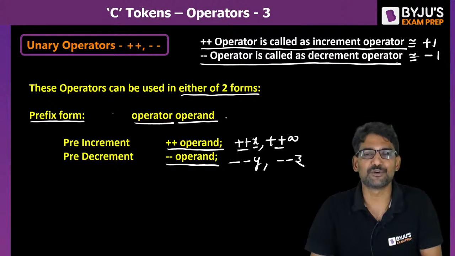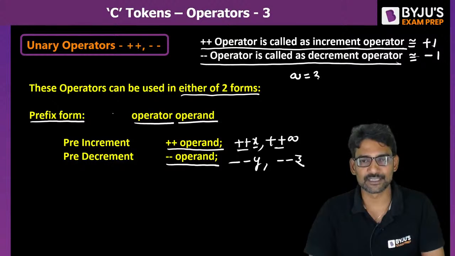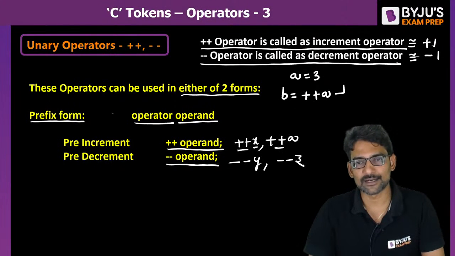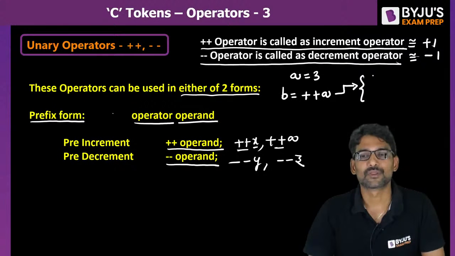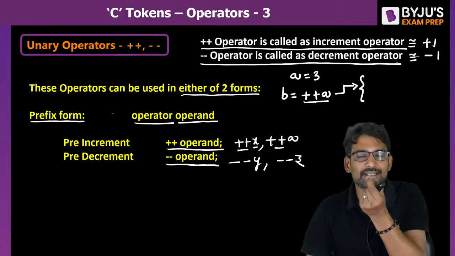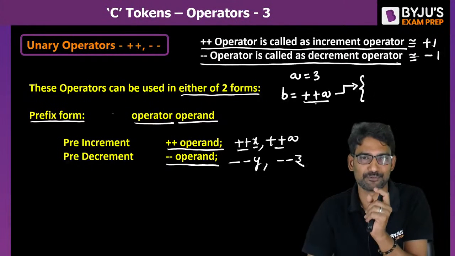What is the meaning of this? Suppose a value is 3. If I write b equal to plus plus a, what does this mean? Here in the right hand side, plus plus exists first, right?